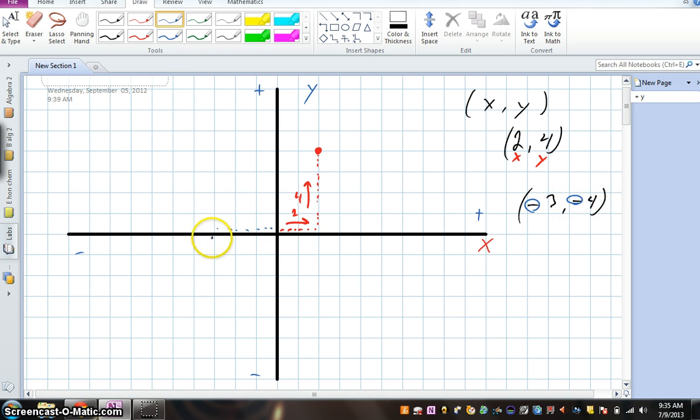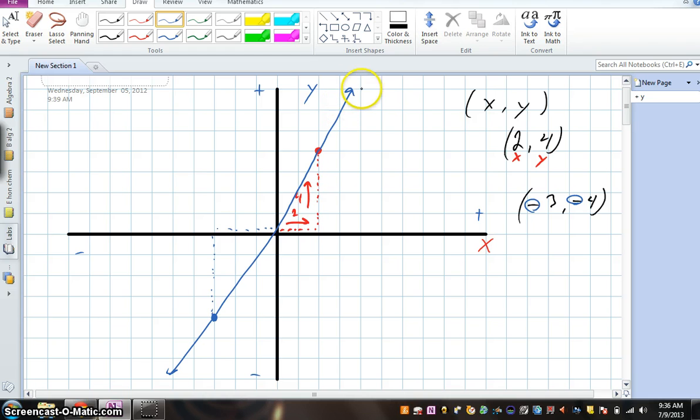So down 1, 2, 3, oh wait, miscounted almost. There we go, 4. All right. So we have 2 points. Now, since we're on the subject here, since I have 2 points, most of us know that whenever you have 2 points, you can always connect them and draw a line. Okay?